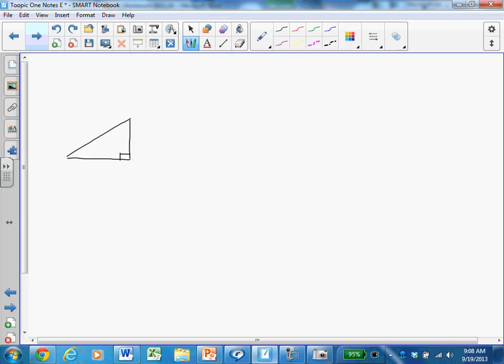So the symbol that we commonly use is theta. This thing right here is called theta. It's a Greek letter, right? A Greek symbol like alpha, beta, omega, theta, gamma.